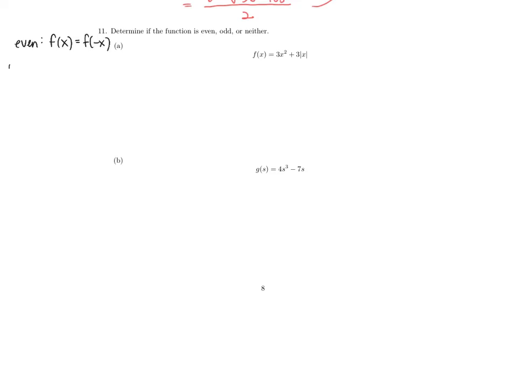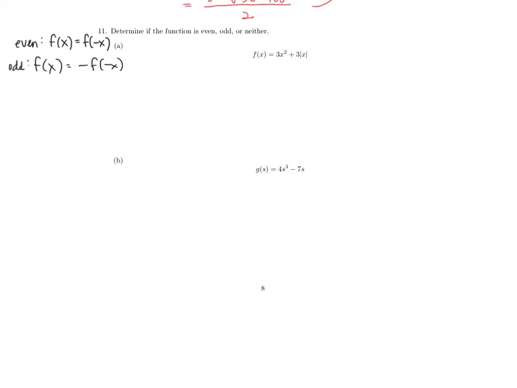Okay? If it's odd, then it will satisfy the condition that f of x is equal to negative f of negative x. So you can use those to check if it's odd or even. If it's not even and it's not odd, then you just say it's neither.